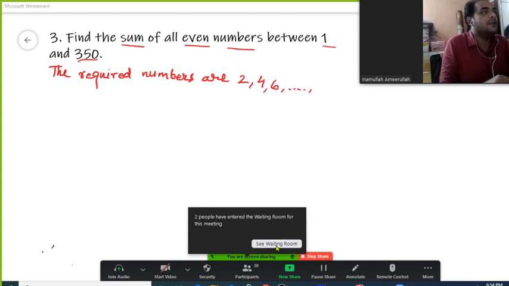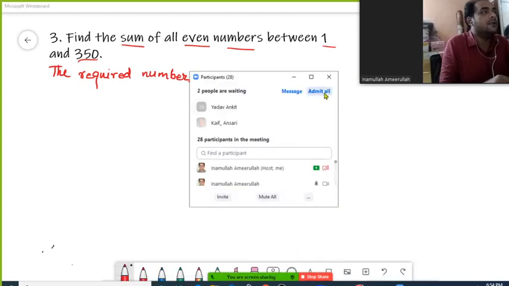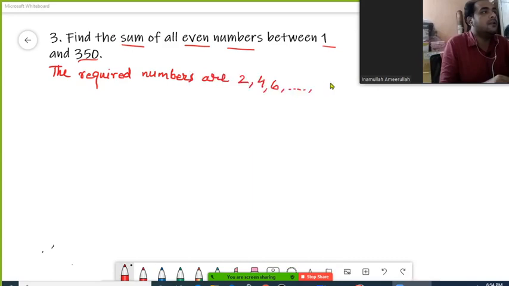Since 350 is also an even number, but the question says between 1 and 350, it means 350 we cannot take. So less than 350, the number is 349, but 349 is an odd number, so we cannot take 349 because here we're talking about even numbers.